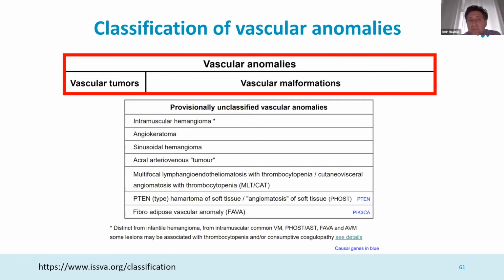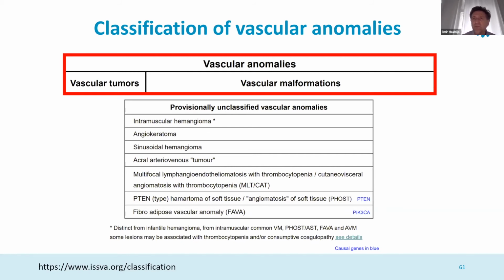But ISSVA leaves space in this classification because some lesions are still not easy to classify into purely vascular tumors or purely vascular malformations. It is still not really clear, and experts cannot agree whether one specific lesion is a vascular malformation or a vascular tumor, or whether one specific lesion can have characteristics or parts of both.